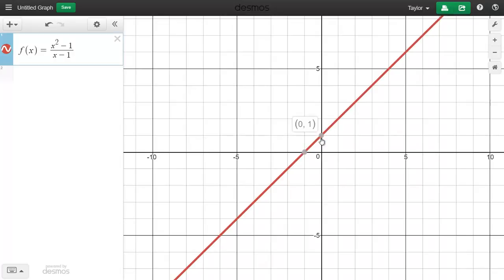And if I hover here, I can verify that point. It does show, if you hover, that there's a hole in the graph there, but it's not going to show it by default without hovering.